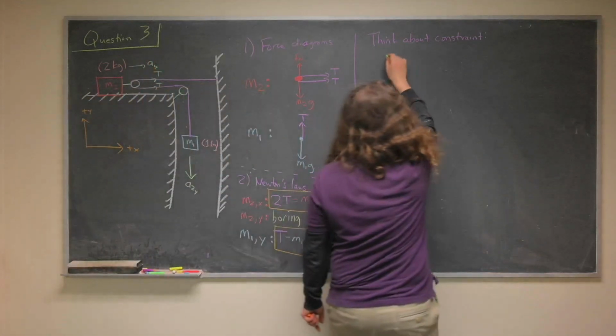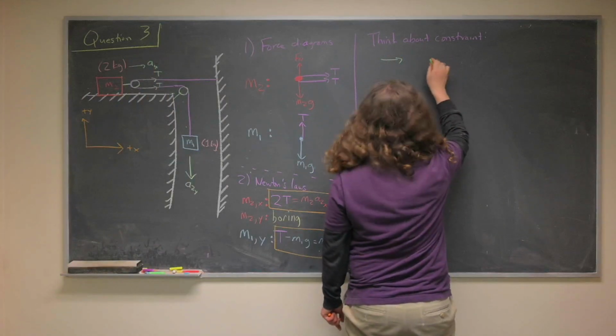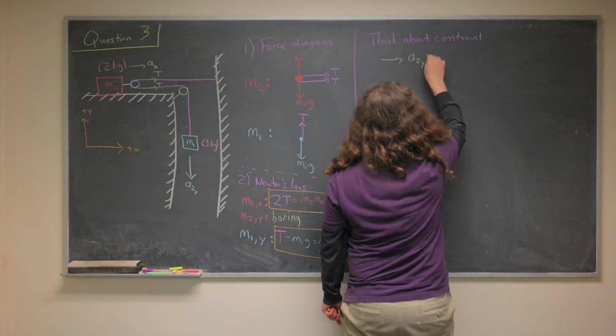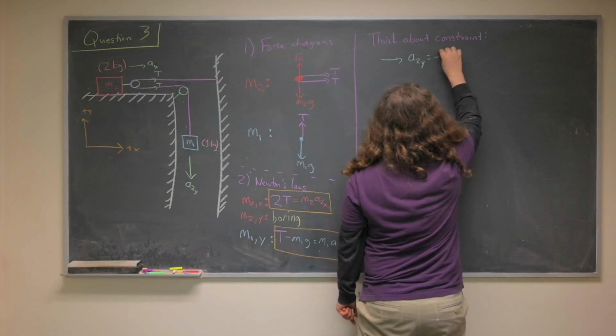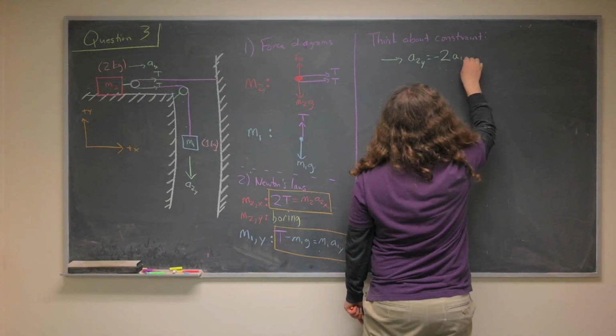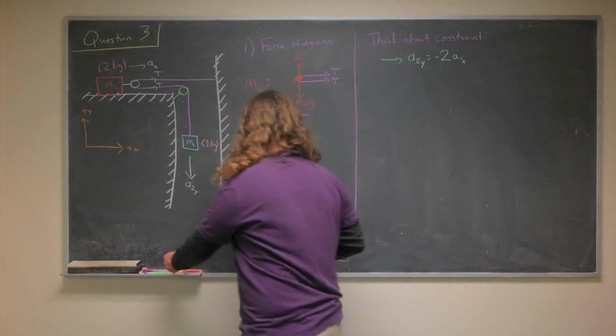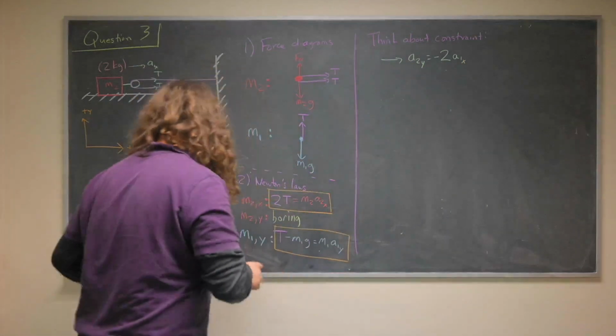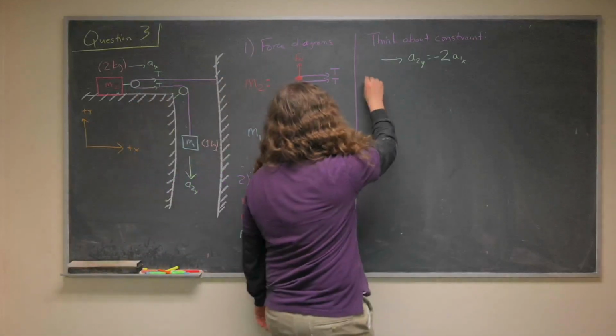So I can write A1y is the opposite direction and twice as big as A2x. Okay, great. So now we just do the math.